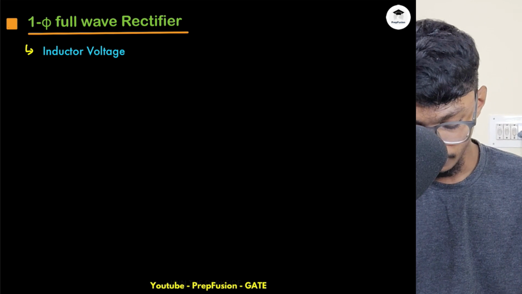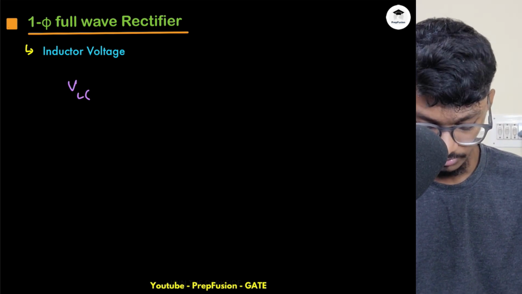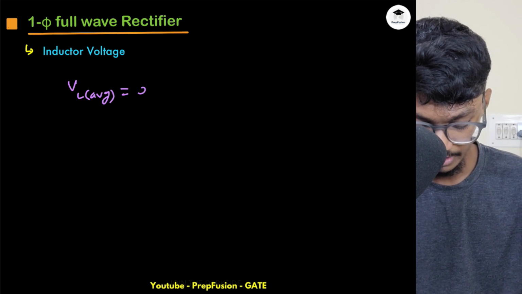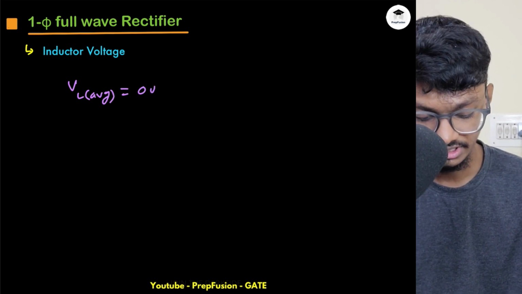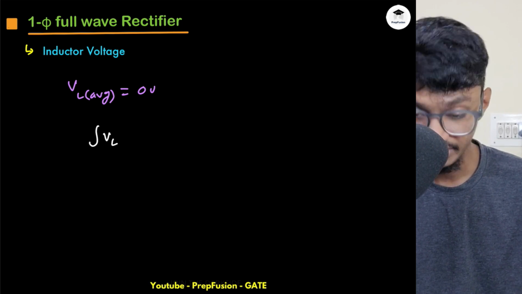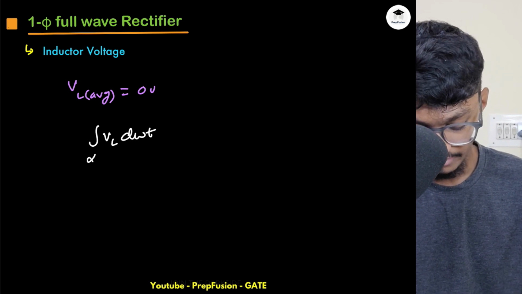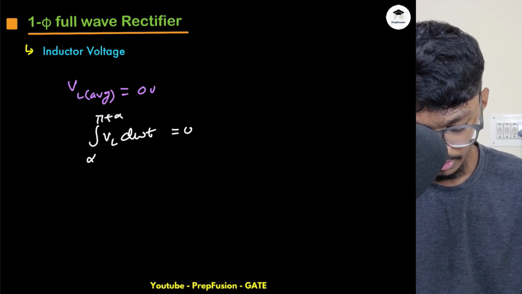I know my VL average will be 0, because it is a stable circuit, so VL average will be 0 according to the volt second criteria. So if I integrate VL of t, d omega t from alpha to pi plus alpha, I will get 0.